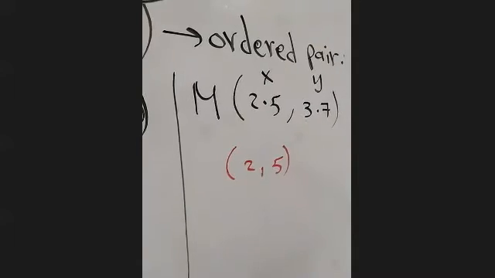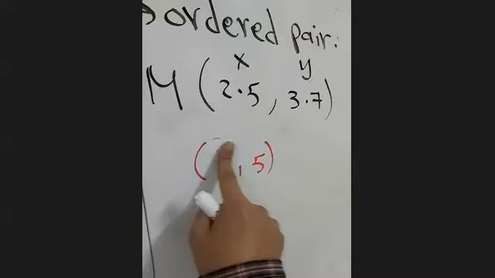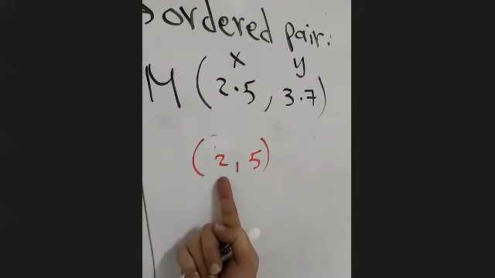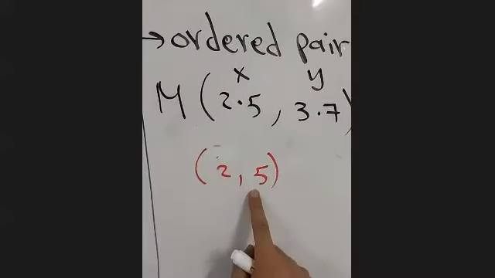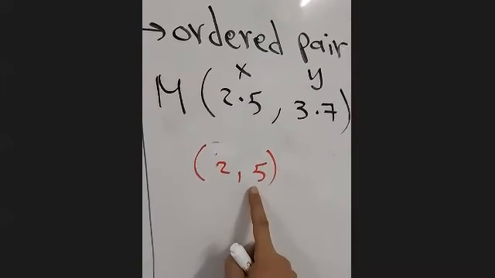The 2 we will put in the positive. What is positive or negative 2 here? Positive. This 2 here is negative. Okay, the 5 we will put up or down. The 5, positive or negative? Positive. When is the 5 positive? Up.